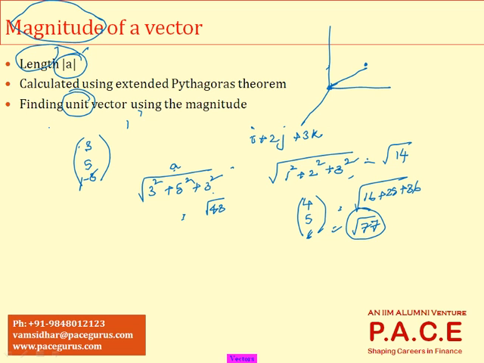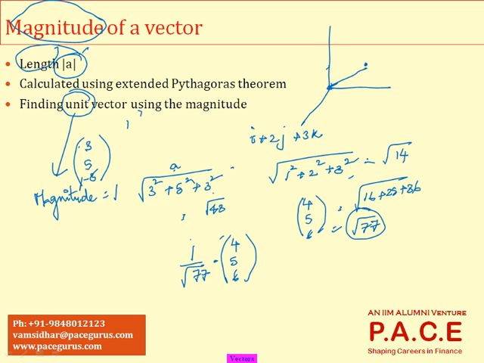Unit vector is nothing but the vector whose magnitude is 1. Any vector whose magnitude is 1 is what we call the unit vector. So how do I convert any existing vector into a unit vector? Straightforward. You take the vector as it is, 4, 5, 6, and you multiply that with a scalar which is nothing but 1 by its magnitude.